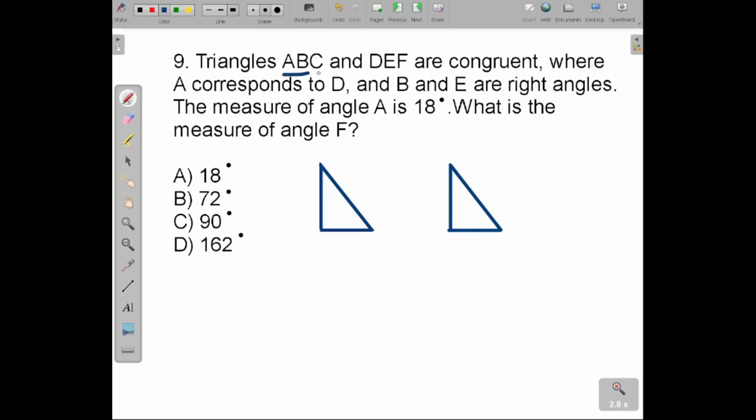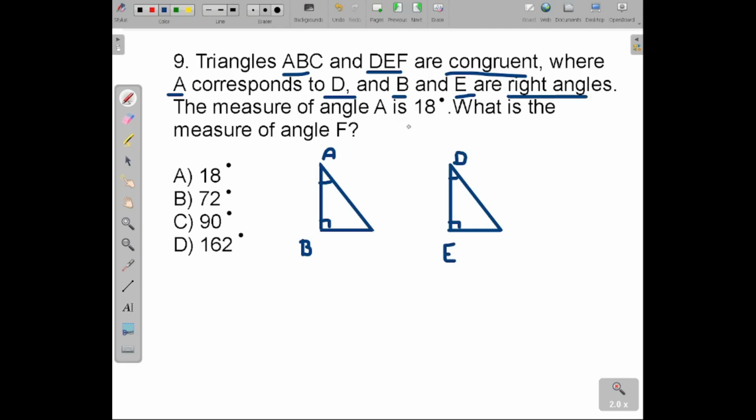Triangles ABC and DEF are congruent, where A corresponds to D. So we have one angle A that corresponds to D. That means that they have the same angle. And B and E are right angles. So let's say that this angle is B and corresponds to E. Both have 90 degrees or are right angles.